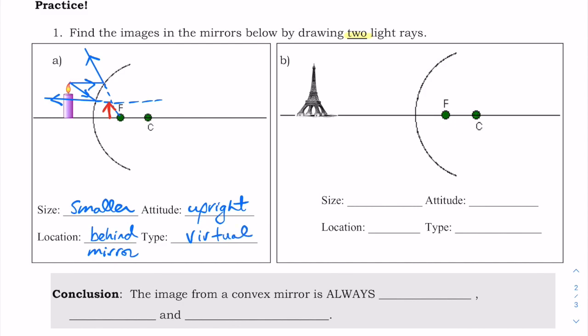Okay, let's do another one in this where our object is now the Eiffel Tower. So I'll begin by drawing a ray of light that is parallel to the principal axis. But again, I like to draw that ray of light that comes from the focus point just to help me out.